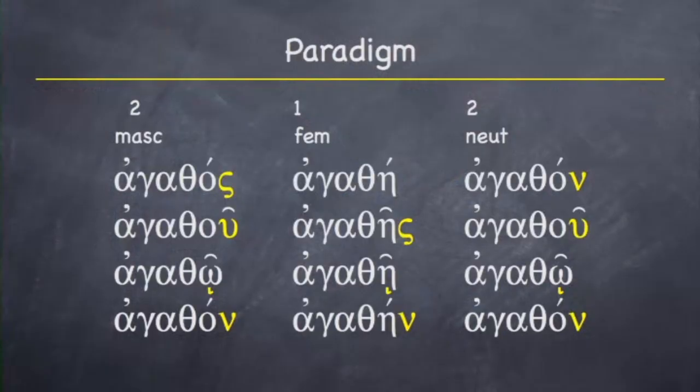Let's get into Greek and take a look at this paradigm. Now, the first thing you may notice is there's 3 columns here. What's going on? Because nouns are either masculine or they're feminine or they're neuter. But for a reason we're going to talk about in just a bit, adjectives have to occur in all 3 genders.